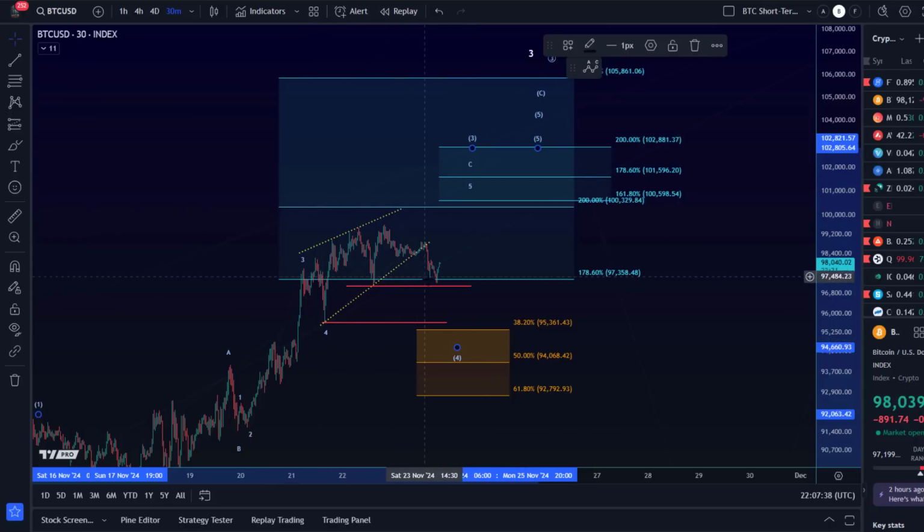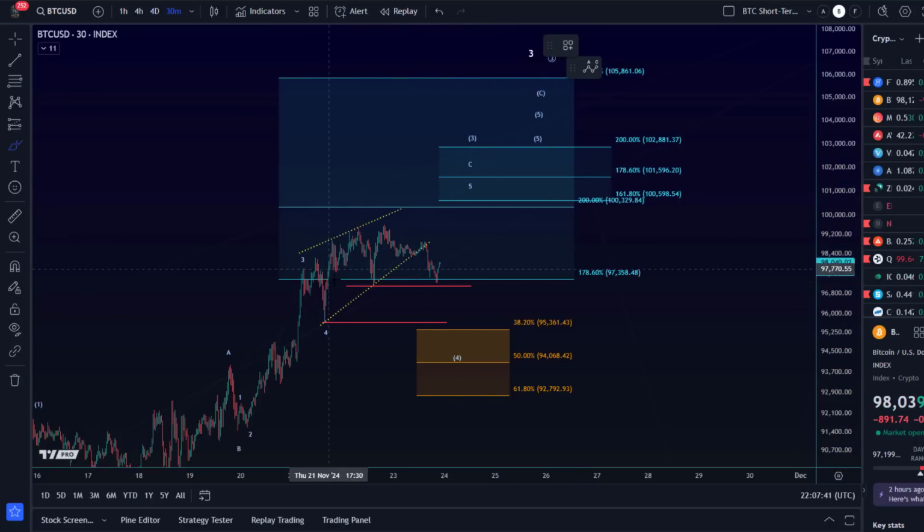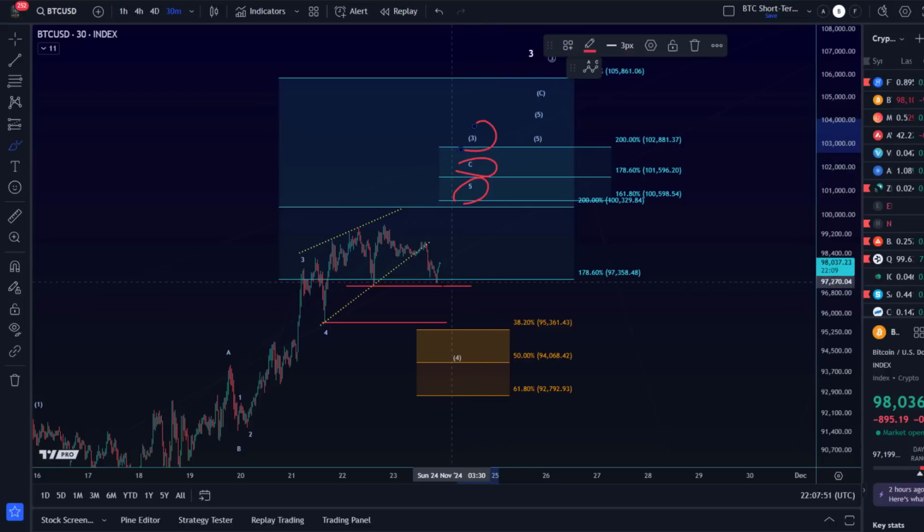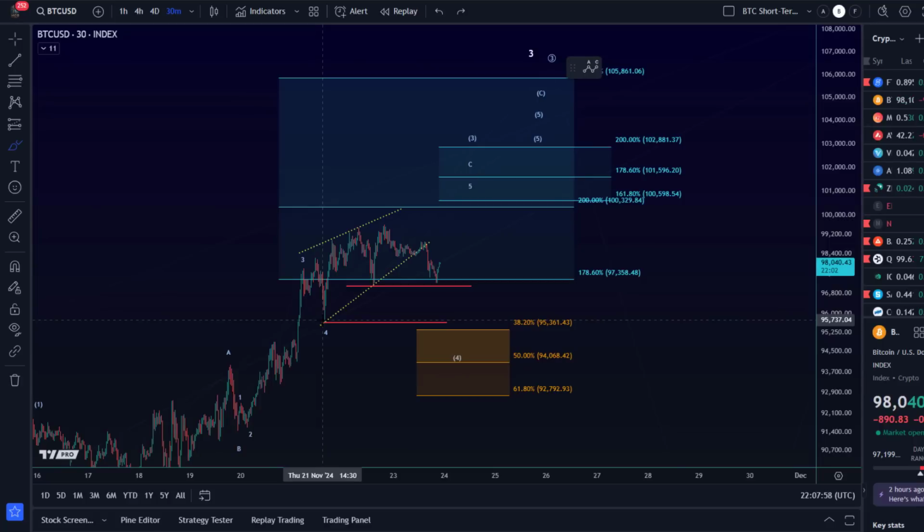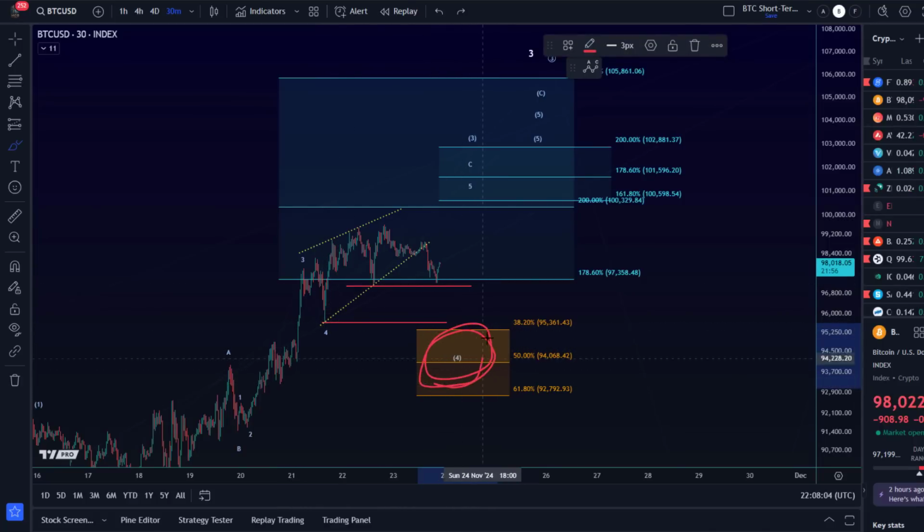I haven't marked the internal structure here in this wave 5, which would also be an A, B, C structure probably. So it can still be an unfolding wave 5 of C of 3 for one more high, then a wave 4, then a wave 5. But as I explained in previous videos, once we see a break below that swing low at 95,650, it would be my confirmation that this fourth wave has started.